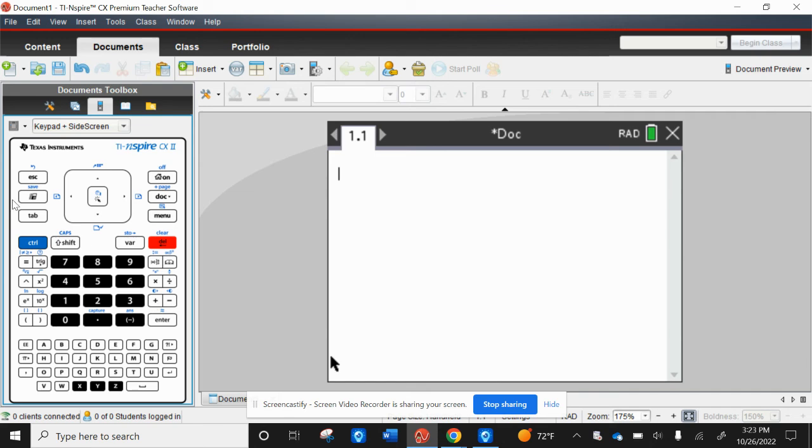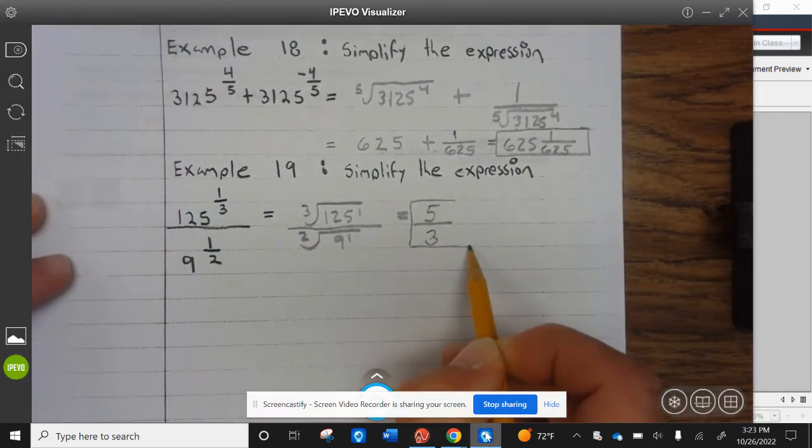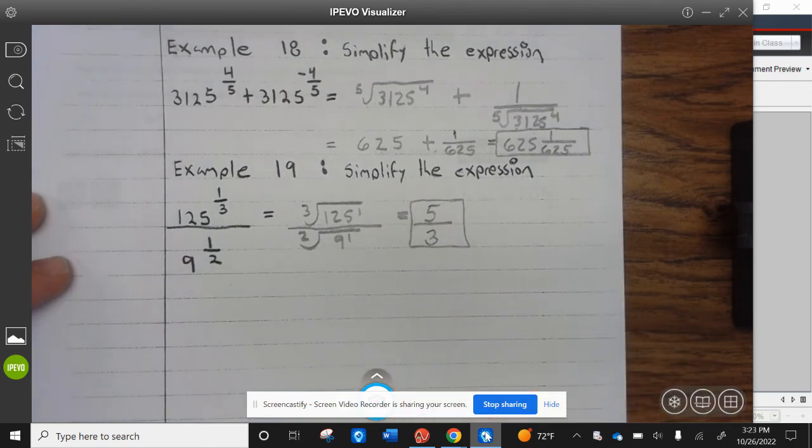So then that's control cube root of 125 to the 1 power is 5 divided by control square root of 9 to the 1 power is 3. So this becomes 5 divided by 3. All right, let's take a look at the next example.